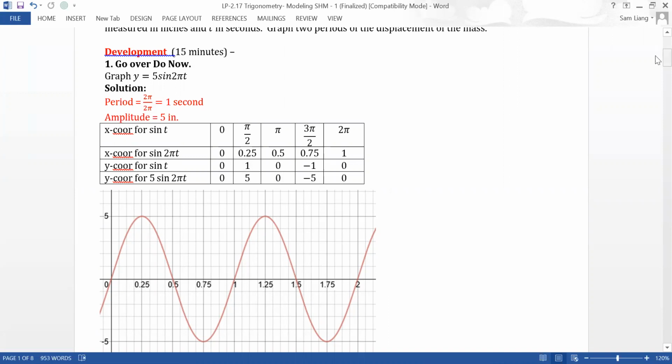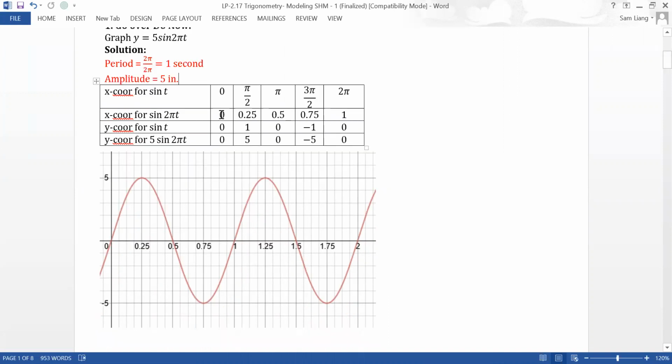Okay, so the graph we're going to plot is going to have the following coordinates. We're going to have these x coordinates and then these y coordinates. So it'll be 0, 0, then 0.25, 5, 0.5, 0, followed by 0.75, negative 5, which is here, then 1, 0. And then this question did ask for 2 periods, so we just continue the same thing, right? Same pattern.